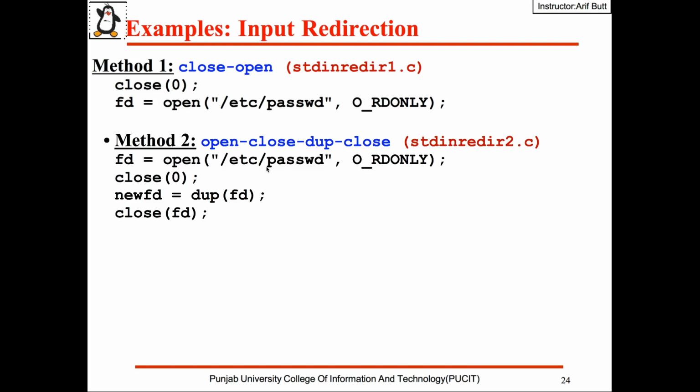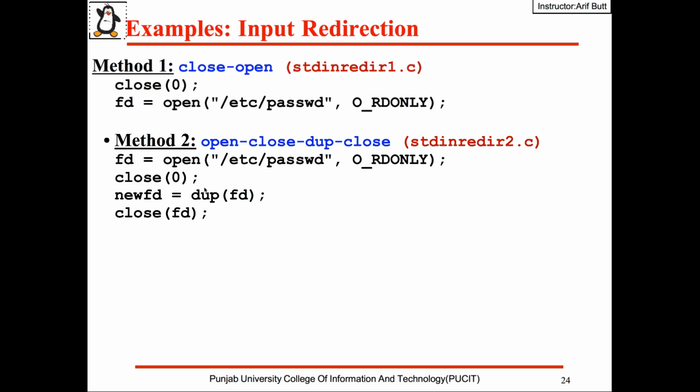So if you have an open file, suppose this is again 3, you close the 0 descriptor and then you call the dup call on this fd, and it will return a duplicate descriptor, the lowest unused descriptor, and that will be 0. So this way as well, the behavior will be the same as we have seen above.